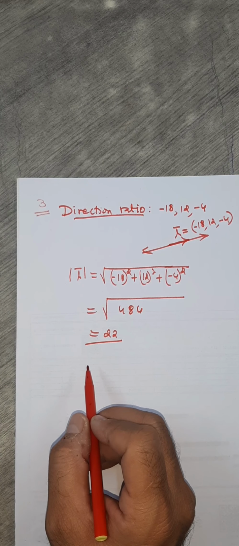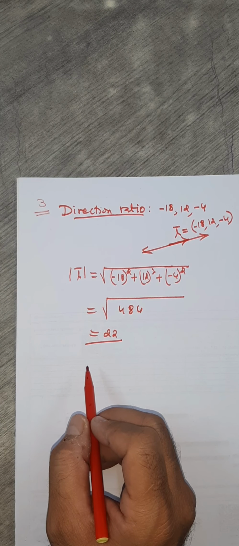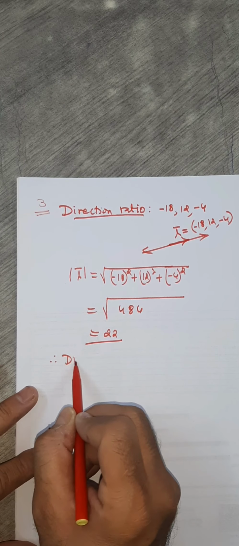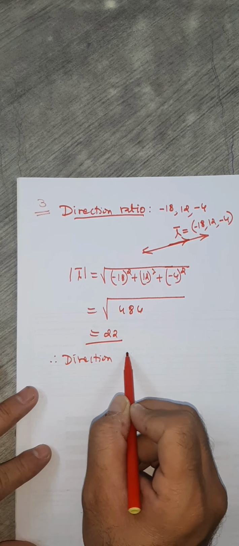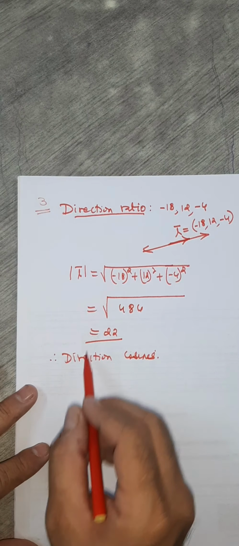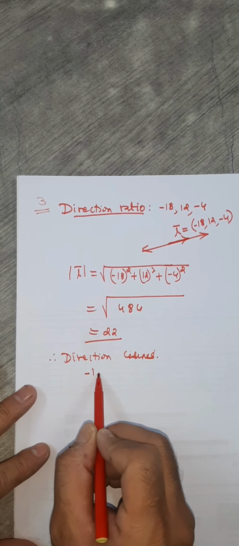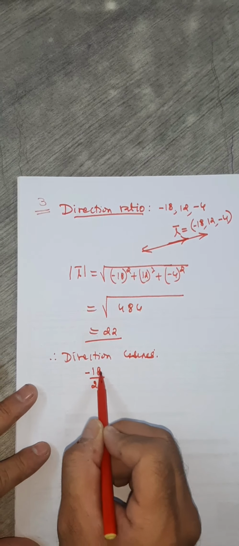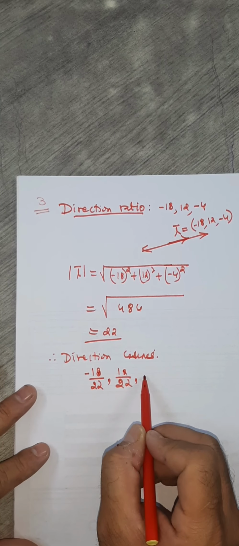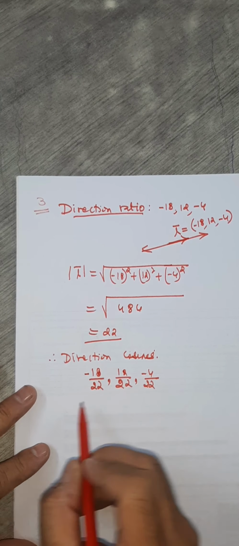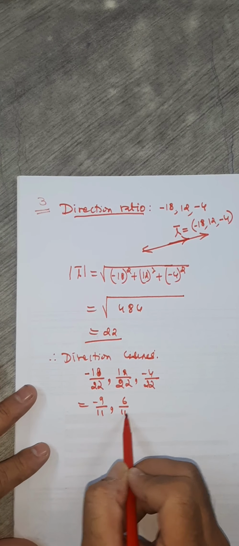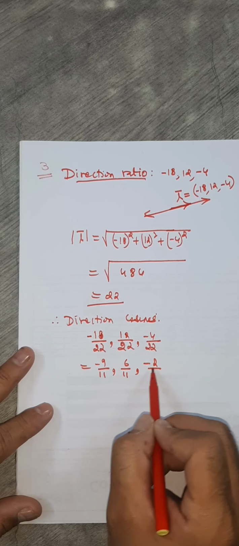Therefore, once you know this, you can write the direction cosines as minus 18 by 22, 12 by 22, minus 4 by 22, which is the same as minus 9 by 11, 6 by 11 and minus 2 by 11.